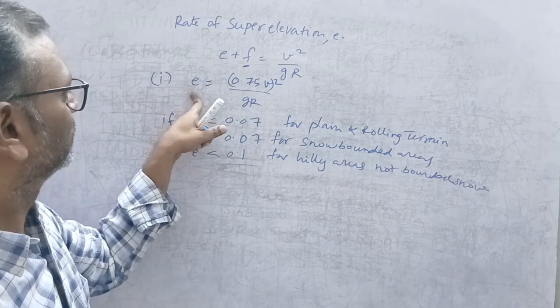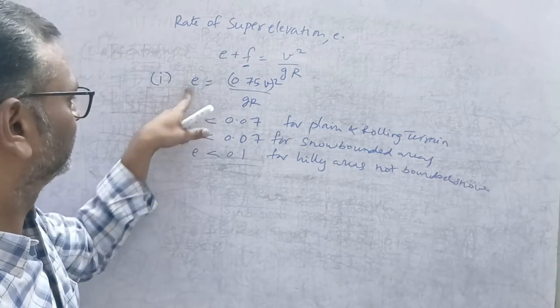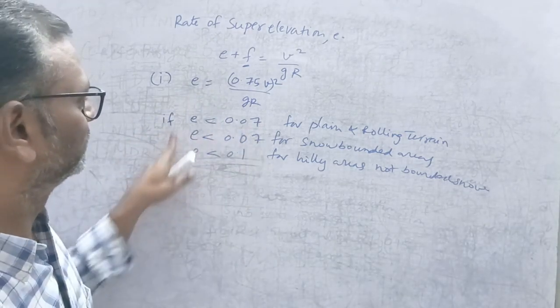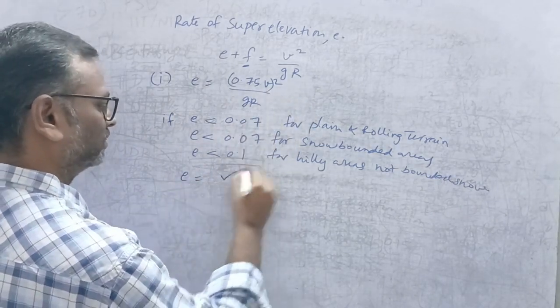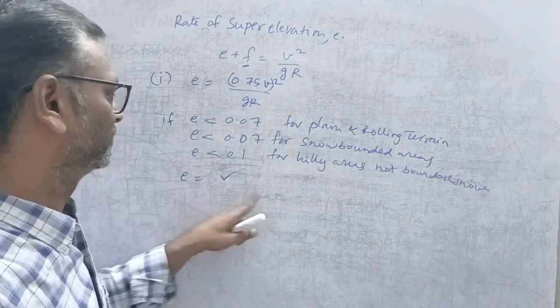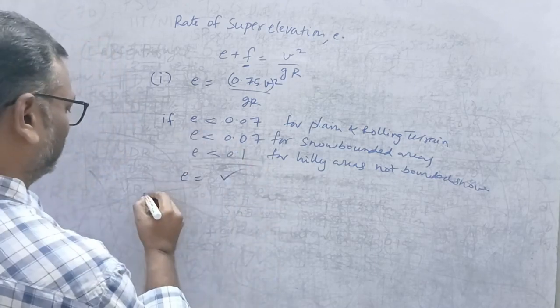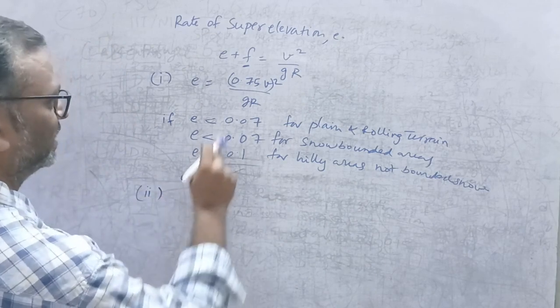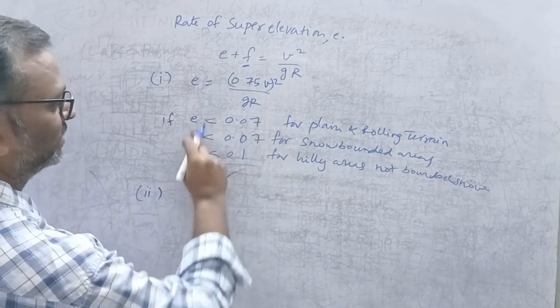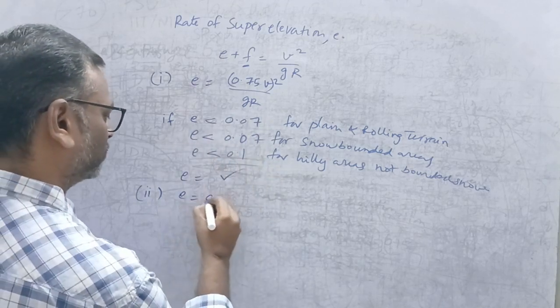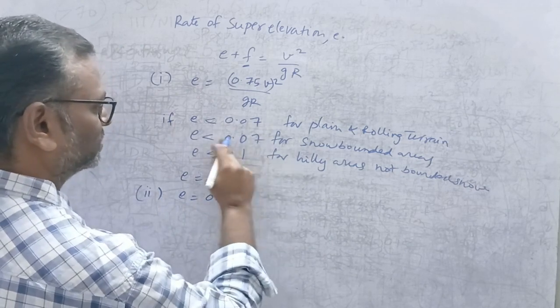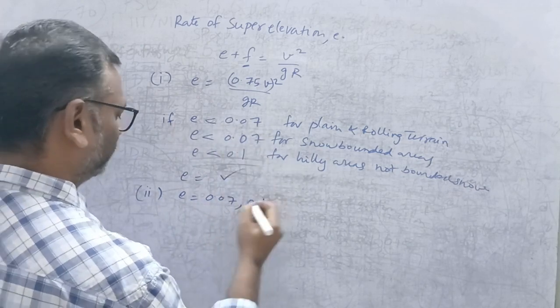If the calculated e is less than these values, then whatever e you have found, you adopt that rate of super elevation. Next, if the calculated e is greater than these values, then adopt e as 0.07 for this condition or 0.1.